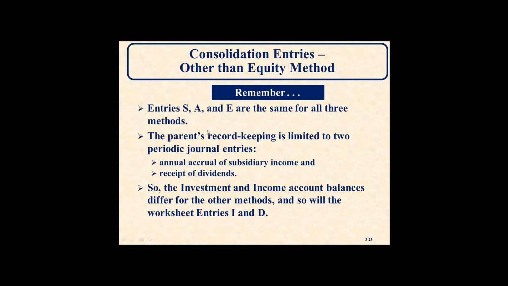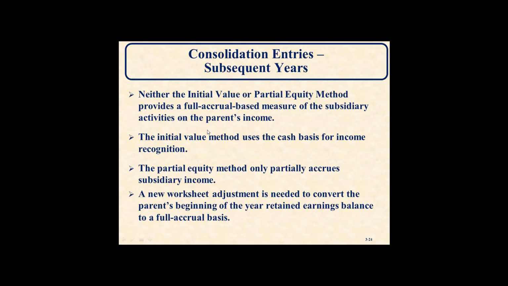S, A, and E are the same. Neither the initial value nor the partial equity method provides a full accrual measure of the subsidiary's activity in the income. The initial value method uses a cash basis for income recognition, and the partial equity only partially accrues some of the subsidiary's income. A new worksheet adjustment is needed to convert the parent's beginning of the year retained earnings balance to a full accrual basis.